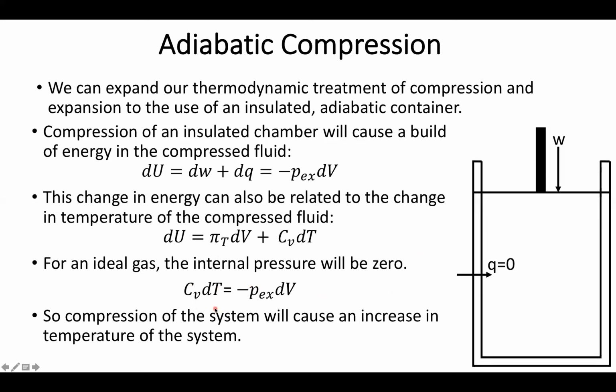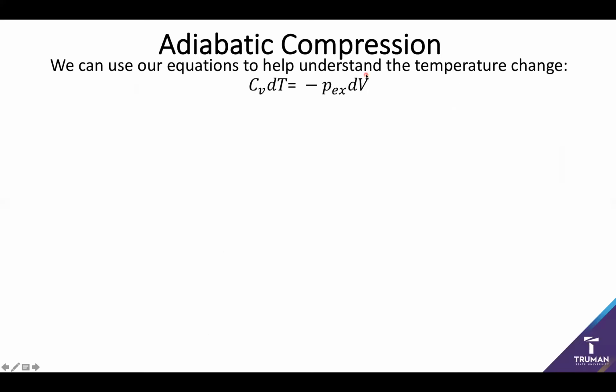Now, in order to build up a better understanding of this, let's take this equation and try to isolate exactly how much my temperature will change for a given change in volume. To make this easier, we're going to need to simplify my external pressure, because my external pressure can, well, rather be anything.